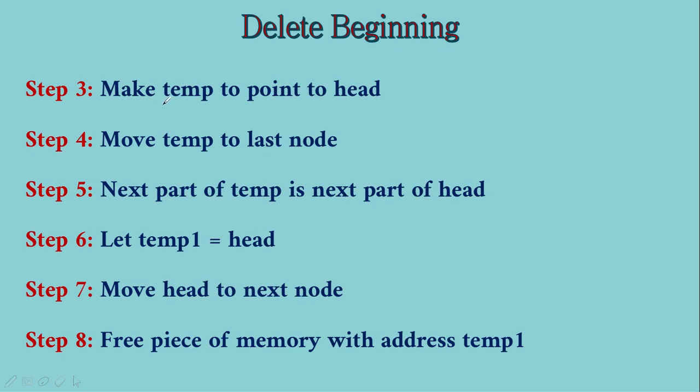Otherwise you are going to create a temporary pointer and initialize that to head and move the temporary pointer to the last node, and after this we have to make the next part of the last node contain the address of the second node, right? And you have to make temp1 contain the address of the first node, and we have to move head to the next node. Okay, you free the memory which is being pointed by temp1 and return the data. These are all the steps that we have to follow.